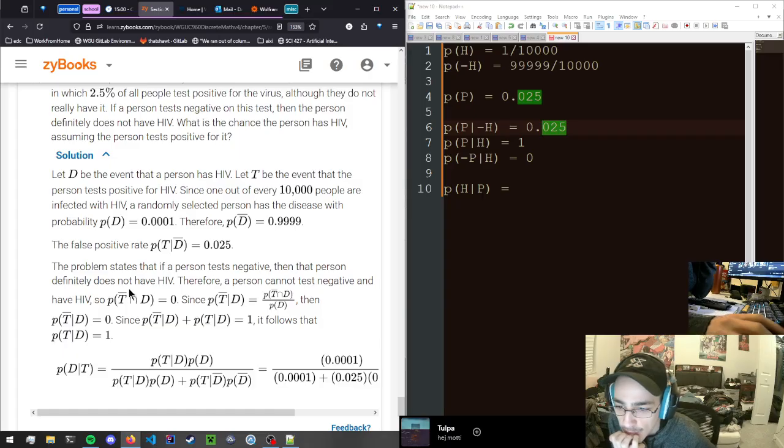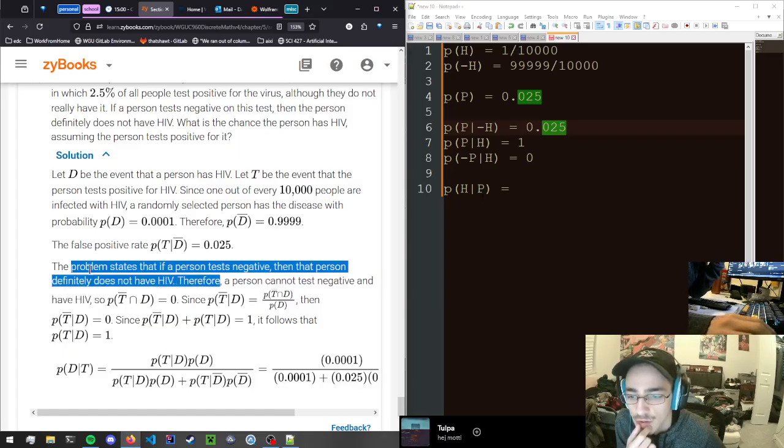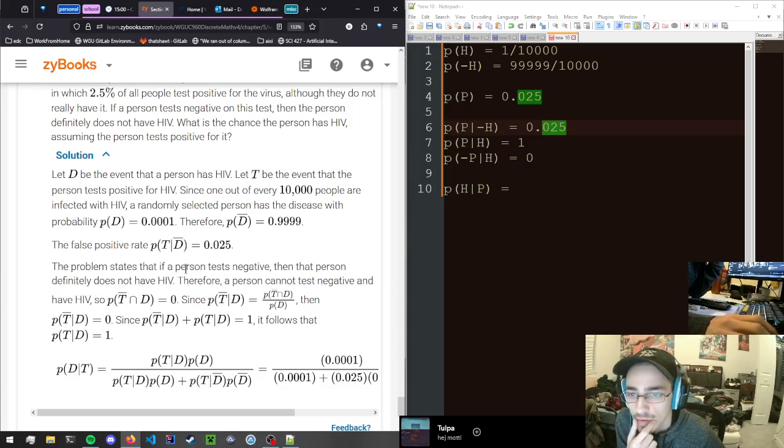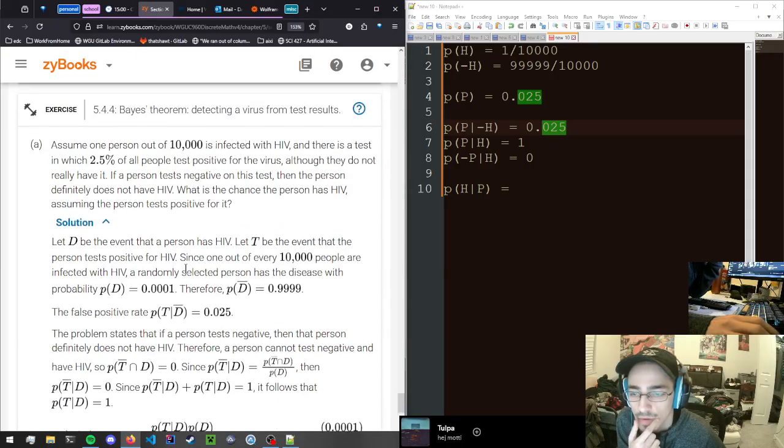So they started with the intersection. That's their way of doing it.